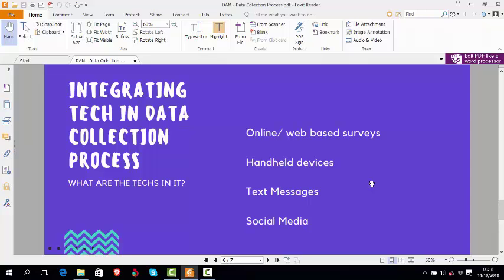Some other type of survey are handheld surveys. So me going to each of these locations, like I said the other time, that I go to rural areas, talk to people. My data collection process is actually through handheld devices. So I have ODK Collect on my tab. I have Survey to Go on my tab. I have Survey Monkey on my tab.